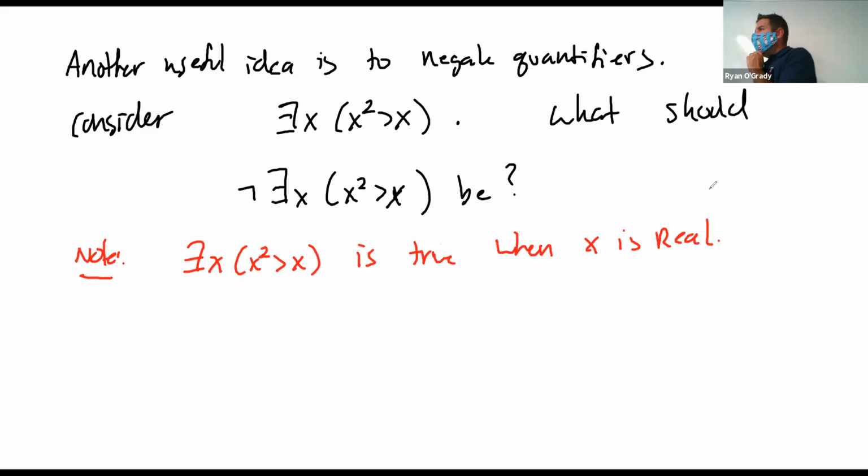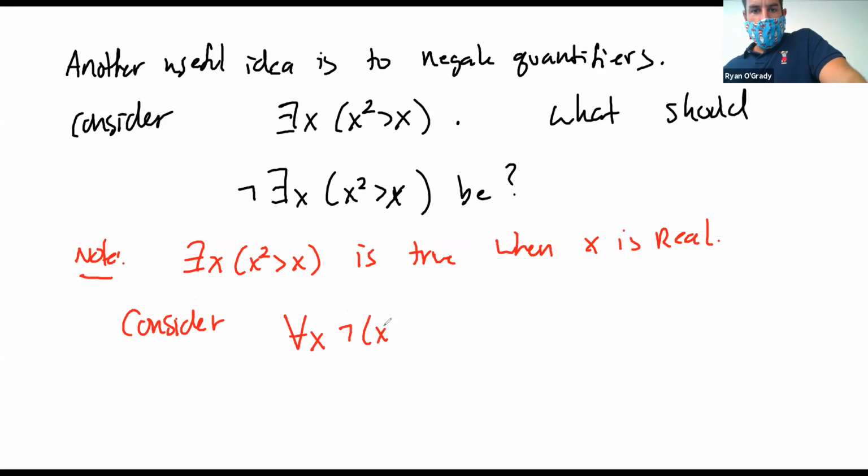So let's say that in English, there does not exist an x such that x squared is greater than x. How could we rewrite the sentence? Now I want you to consider this statement, which would be for all x, negate x squared greater than x.